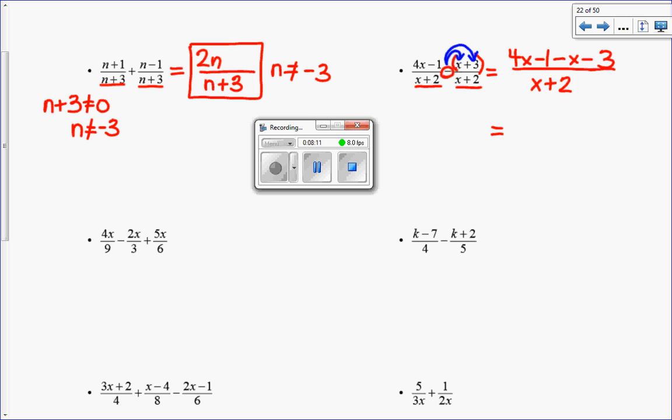So I have 4x minus x, so that's 3x, and negative 1 minus 3 is negative 4. That's all over the common denominator, which was x plus 2. My non-permissible values are that x cannot equal negative 2. That's my final answer.